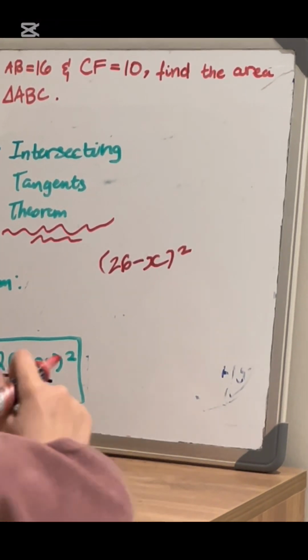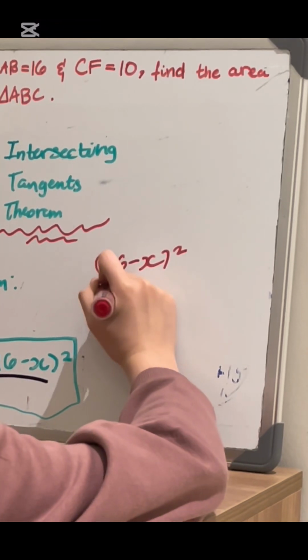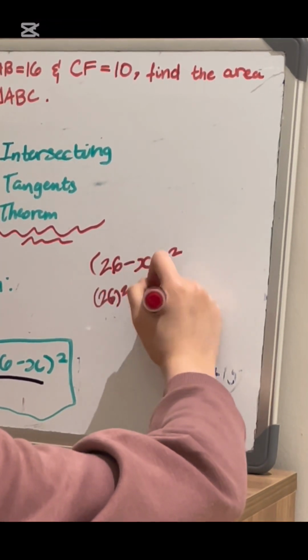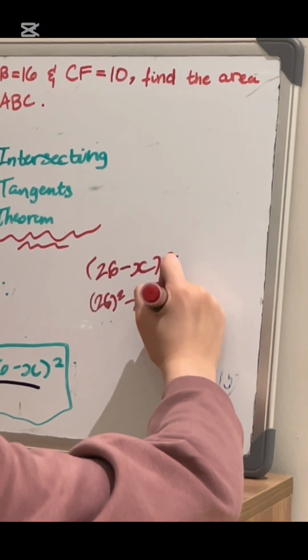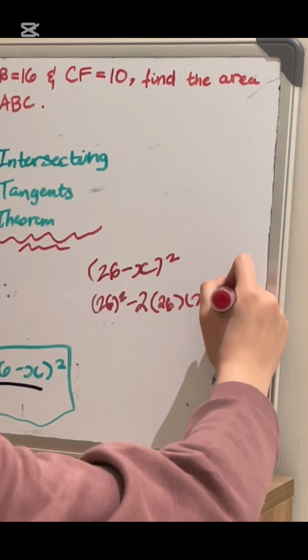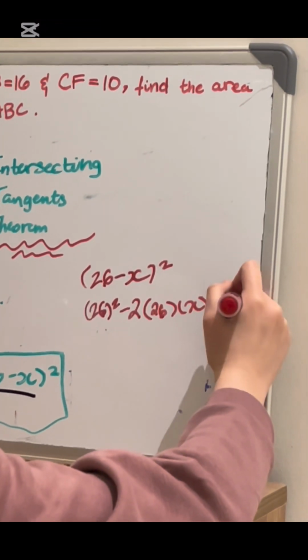So that is 26 squared minus 2 times 26 times x plus x squared.